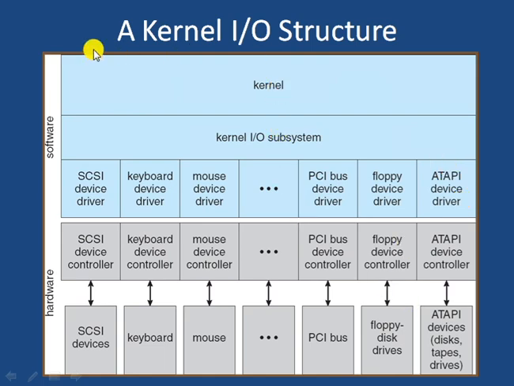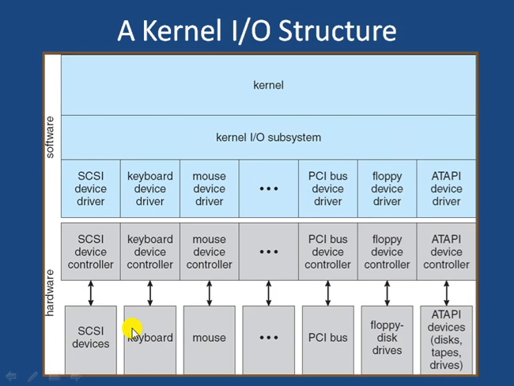The upper part is software, the lower part is hardware, and at the bottom different devices are attached: SCSI devices, keyboard, mouse, PCI bus, floppy disk, ATAPI devices, and these are attached to controllers. All the SCSI devices are attached to the SCSI device controller, the keyboard to the keyboard device controller, the mouse to the mouse device controller, and so on.